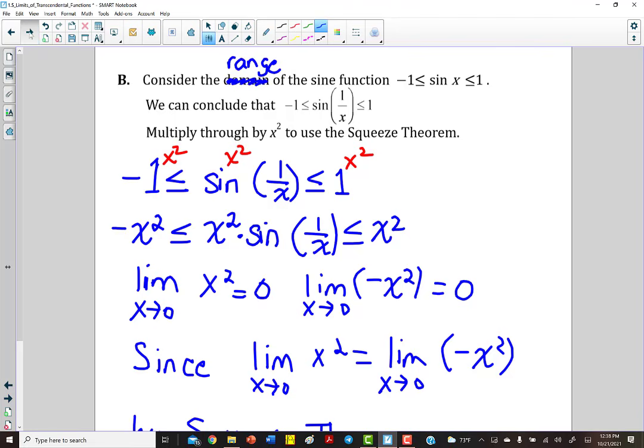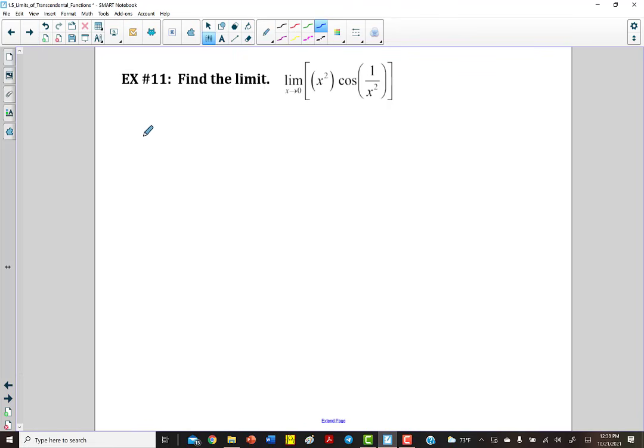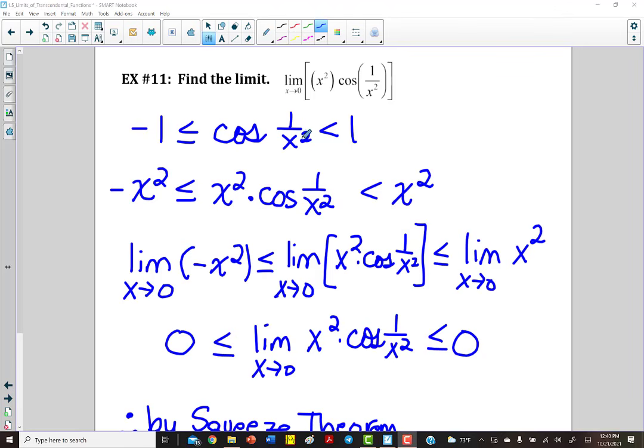And then the last example, 11, would be one that you could try. And we again know that cosine oscillates between -1 and +1. So I would recommend you turn off the video and give this a try and come back and check your work with mine.